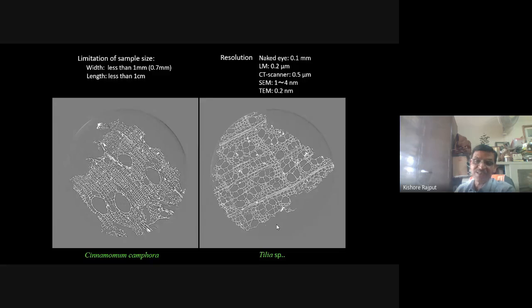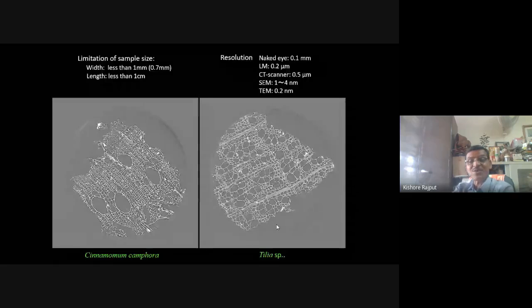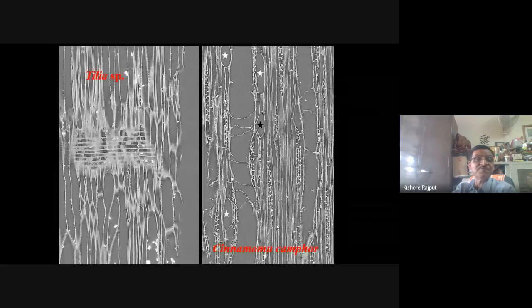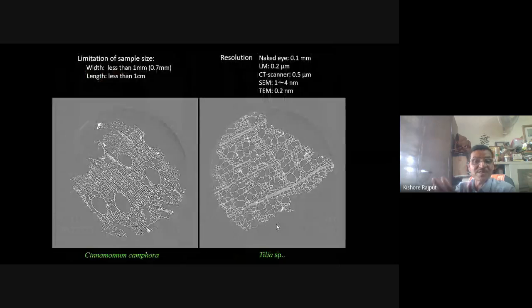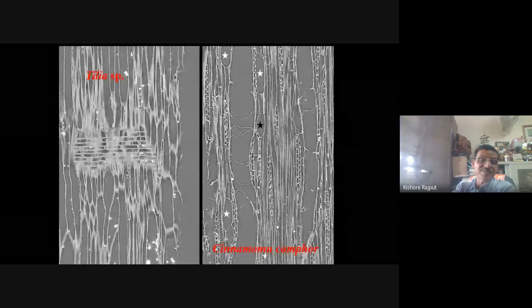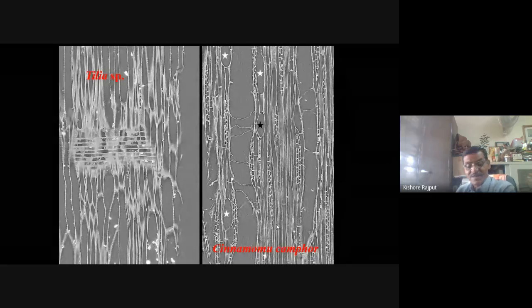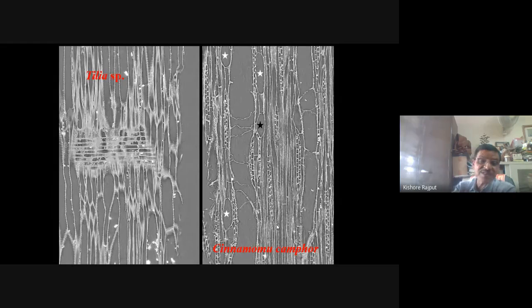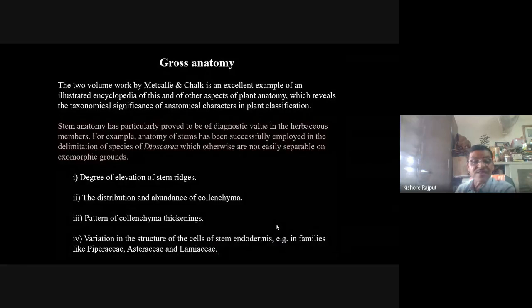Only the rays passing through the wood are reconstructed on a screen and can be observed in this way, and that is sufficient for the identification of the wood. You can observe TS, LS or RLS, in all the views, for identification. These are the recent techniques which are used.